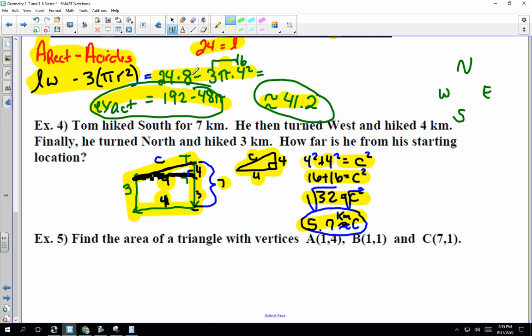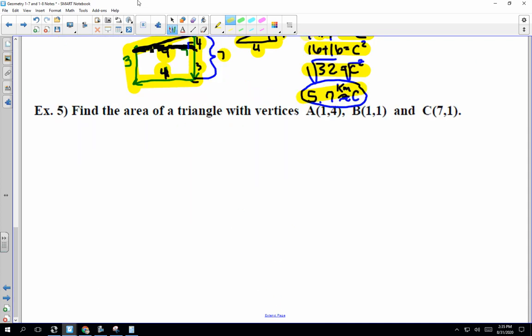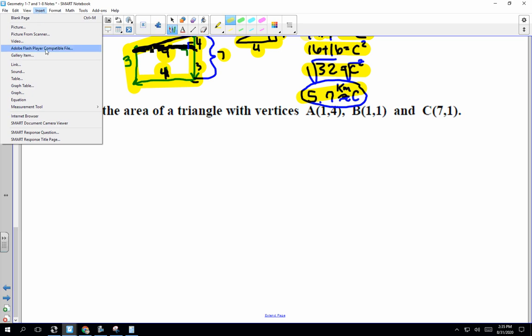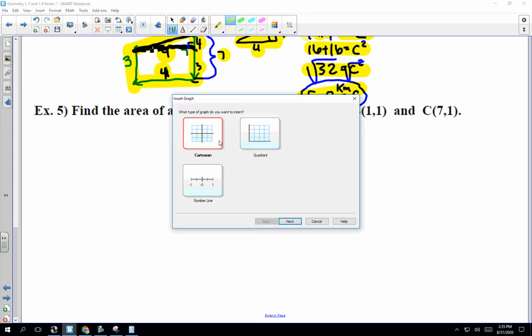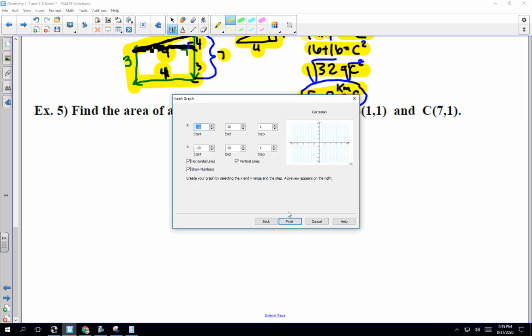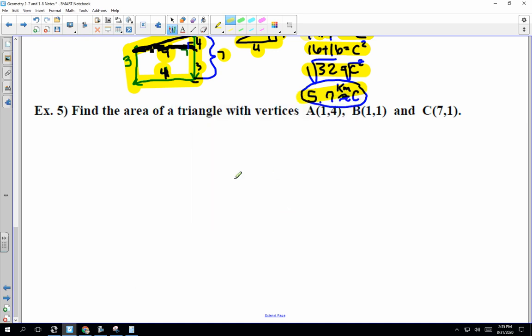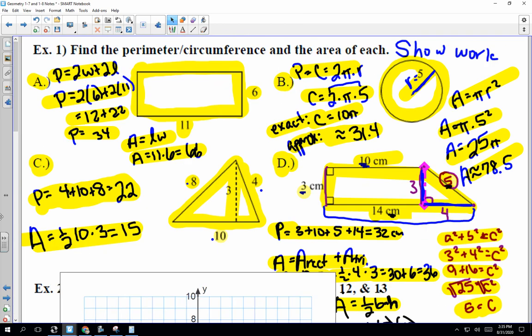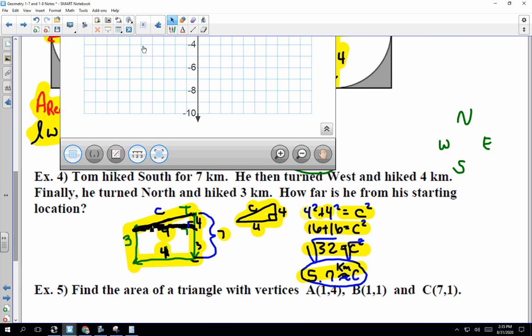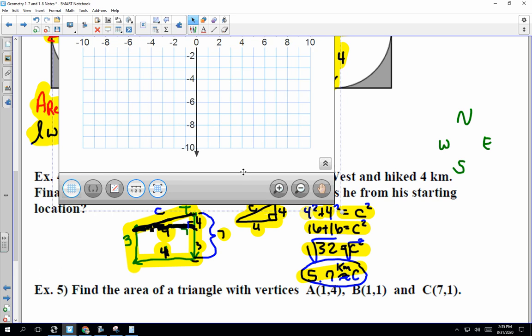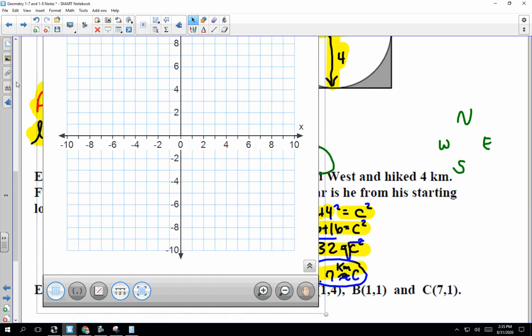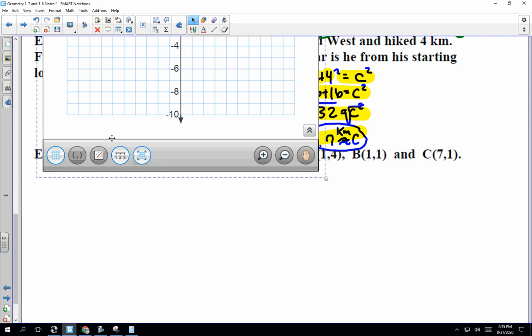Okay, dokie. We're going to do a triangle, and I am going to get a grid.